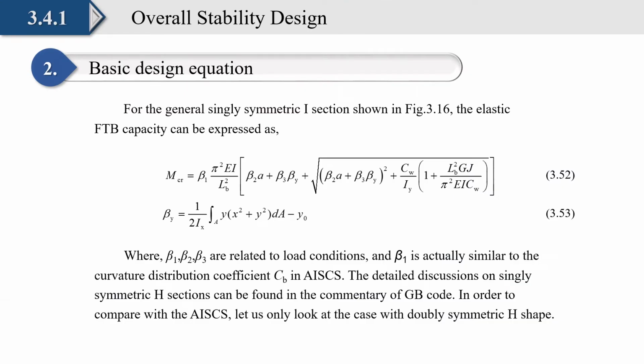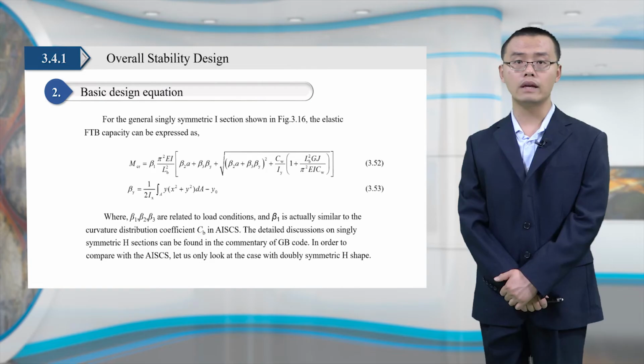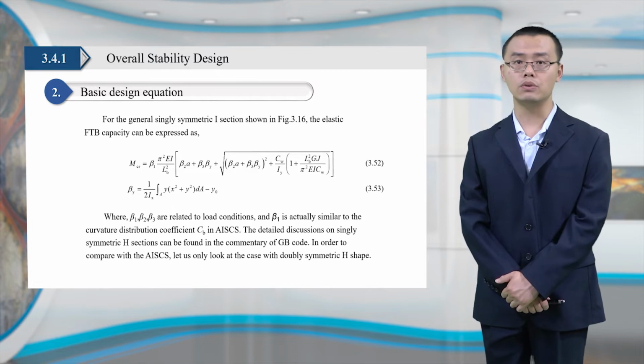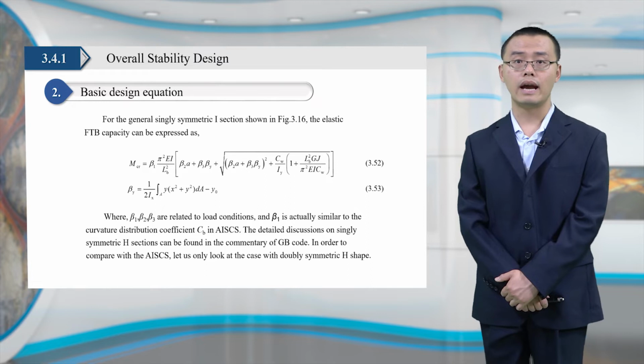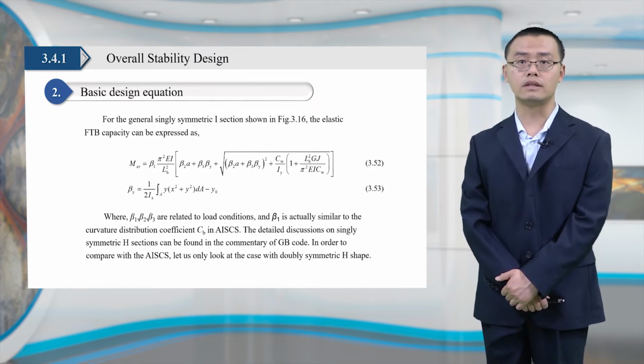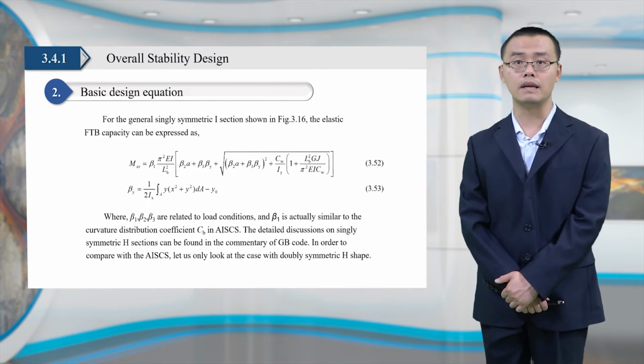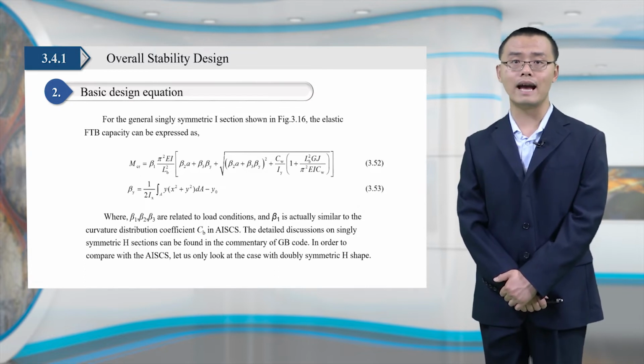For the general singularly symmetric I section shown in figure 3.16, the elastic LTB capacity can be expressed as the following 3.52 to 3.53, where beta 1, beta 2, beta 3 are related to load conditions, and beta 1 is actually similar to the curvature distribution coefficient CB in AISC.